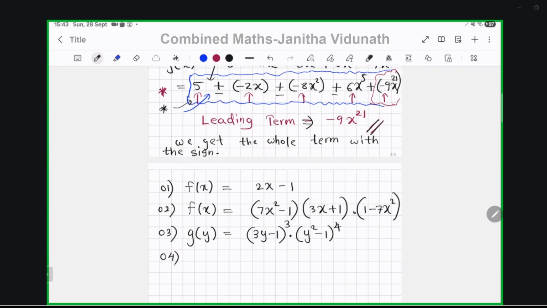Fourth one is h(x) equal to x square minus 1 times 3 minus x plus x to the power 4.